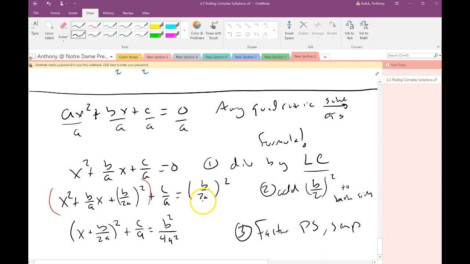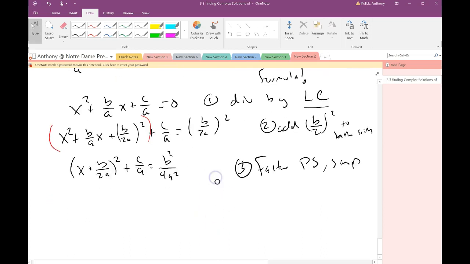Again, b over 2a squared is b squared over 2 squared a squared. And now I'm going to subtract c over a from both sides, but to do that, I need a common denominator. I need to multiply c over a by 4a to make a common denominator here.